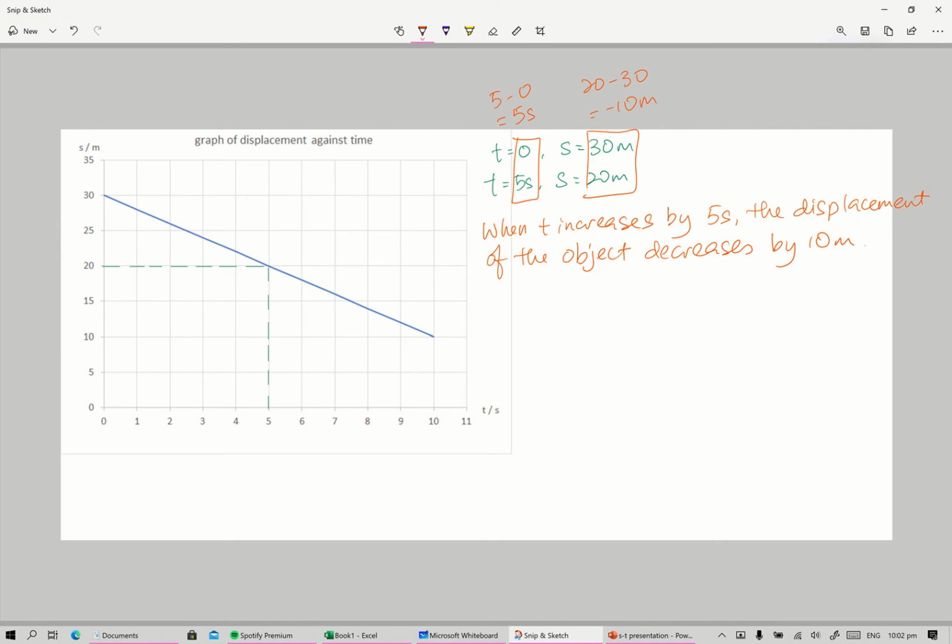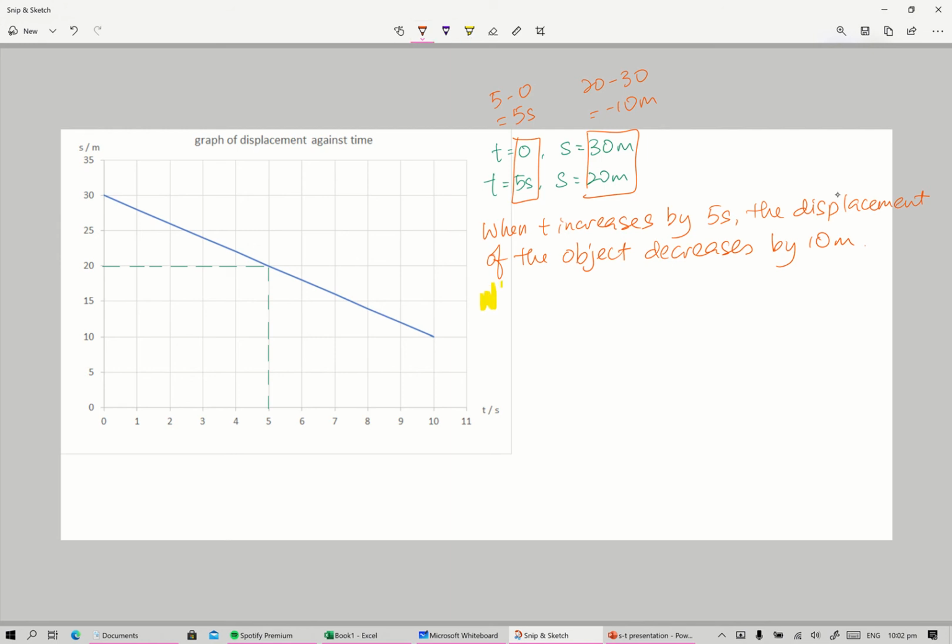Note that I have the minus sign here. We'll talk more about that later. Right, so don't worry about the minus sign yet. So when t increases by 5 seconds, the displacement of the object decreases by 10 meters.